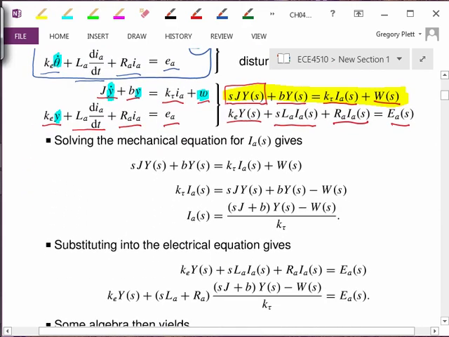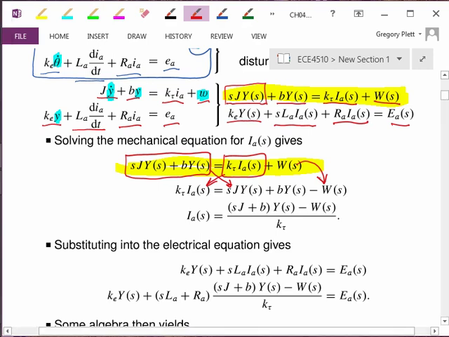The first thing I did was simply to rewrite the equation so it's conveniently handy. Then I leave the IA term on one side, and I move the W over to the other side. So this moves over there, and it's minus because it was moved to the other side of the equation.